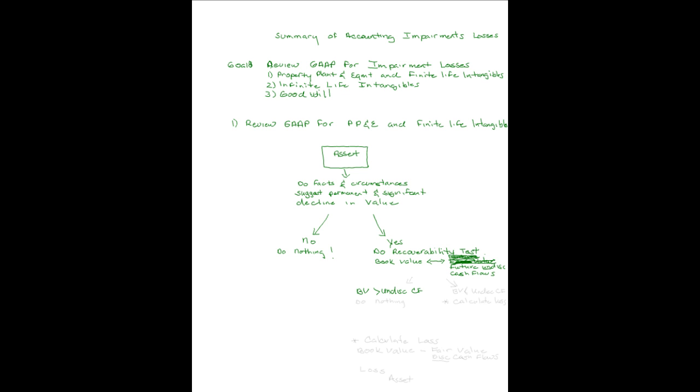If book value is greater than undiscounted cash flows, you get to, voila, do nothing. If book value is less than undiscounted cash flows, you get to calculate the loss.